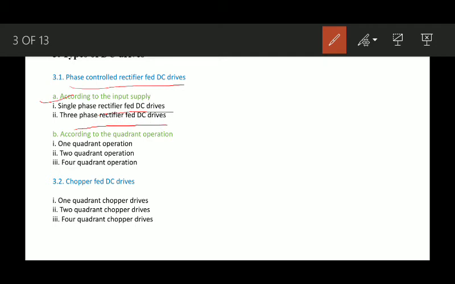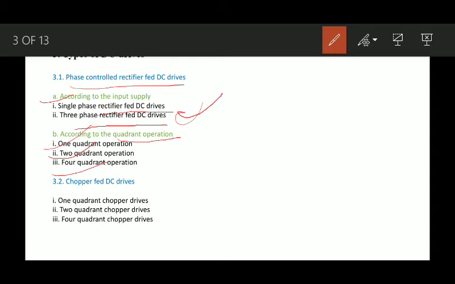DC drive means the DC motor operation is controlled by the rectified output. According to the quadrant operation, there is 1 quadrant operation, 2 quadrant operation and 4 quadrant operation. On the basis of which quadrant we operate the device, it is subclassified into quadrant operation.